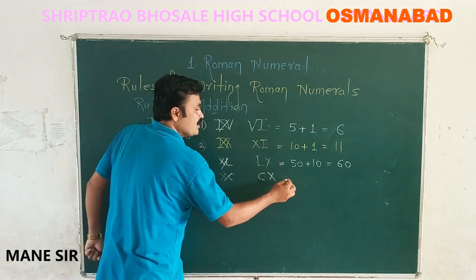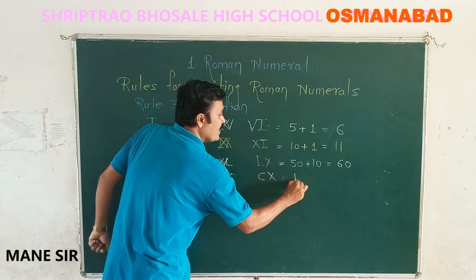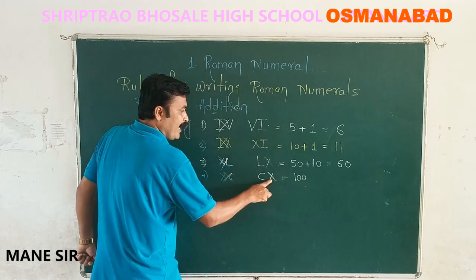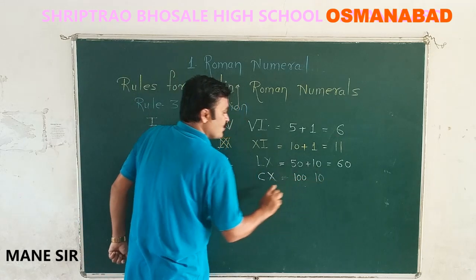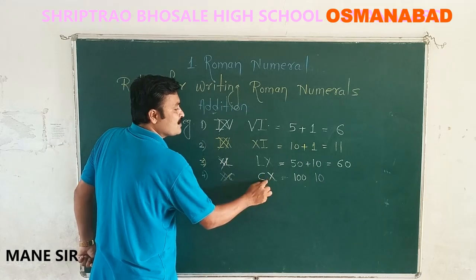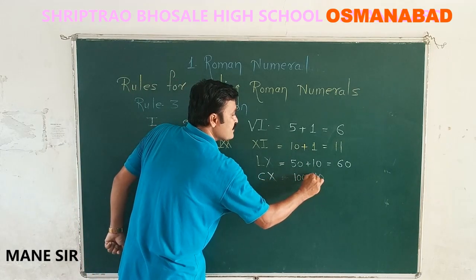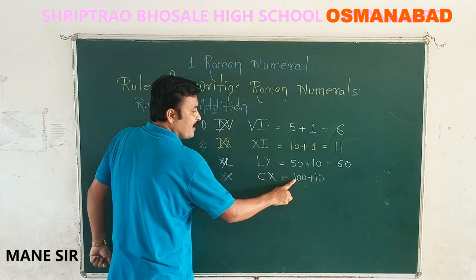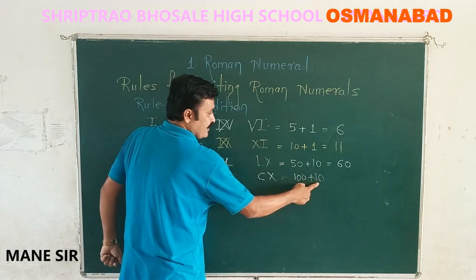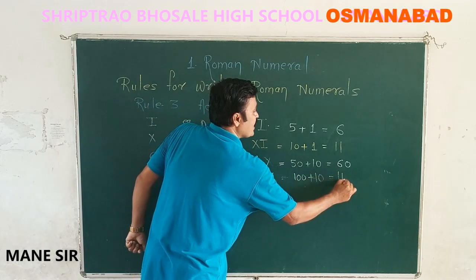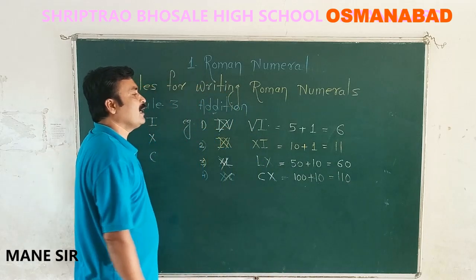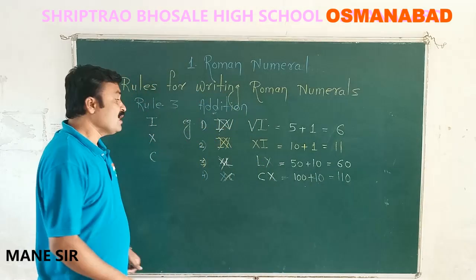In this condition, C means 100 and X means 10. So we write X after C, so we take a plus sign here. So 100 plus 10, we get the international number 110.